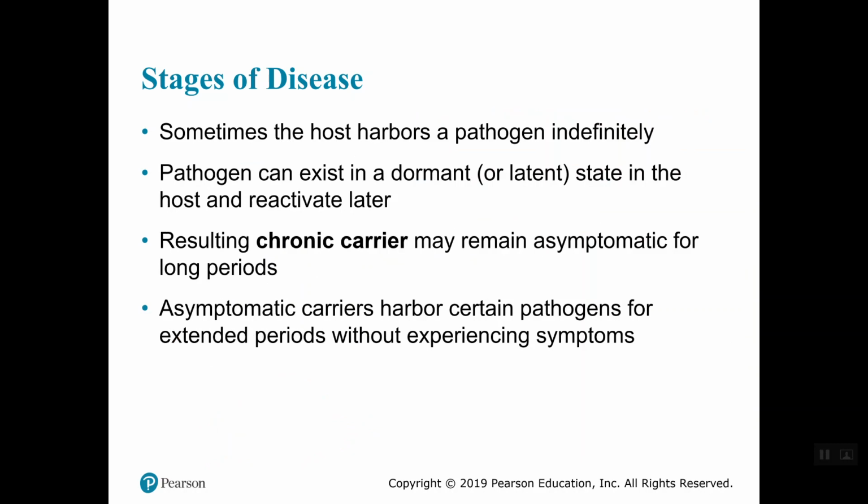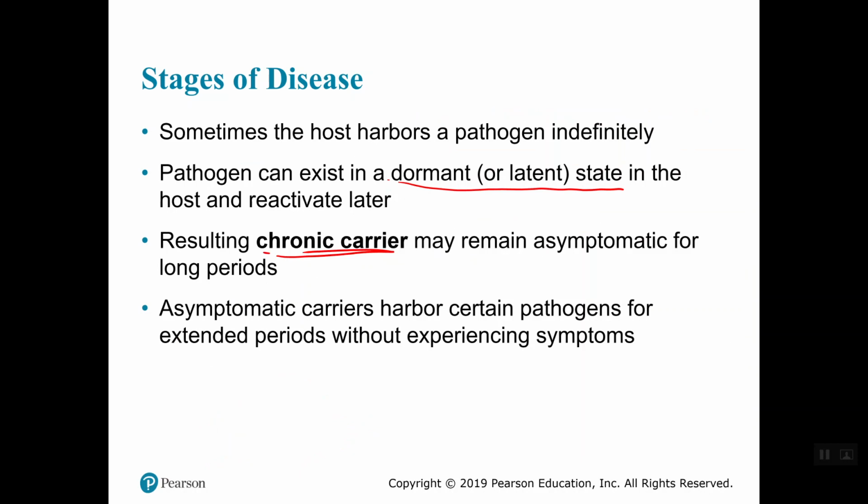Okay, sometimes our host harbors a pathogen indefinitely, so it might stay with the host forever. That pathogen might be able to exist in a dormant or latent state in the host and reactivate later. Again, cold sores and genital herpes are examples of this. If that happens, we have what's called a chronic carrier.